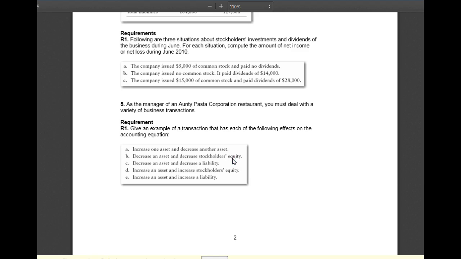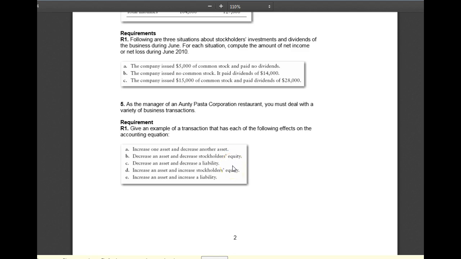Well, a loss is not going to show up in an asset account. I mean, that's going to come through the income statement. So there must have been a dividend. So we know the dividend's going to decrease the equity, and we're also going to have to pay that out in cash, right? So the cash would decrease when we pay it. So paying a dividend would be an example.